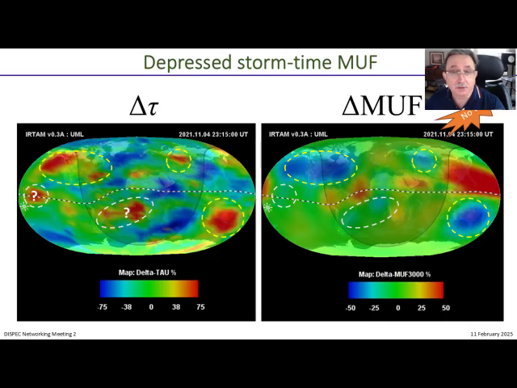So look, MUF anomaly of minus 50 to plus 50% is seen in the tau anomaly map as minus 75 to plus 75 anomaly. So higher than expected tau, so thicker slab, appears to be a very sensitive way to identify areas of low MUF.